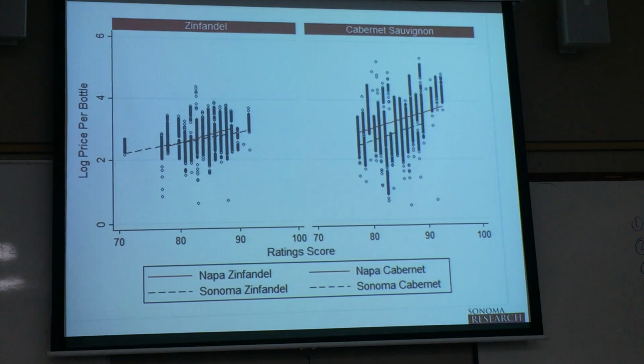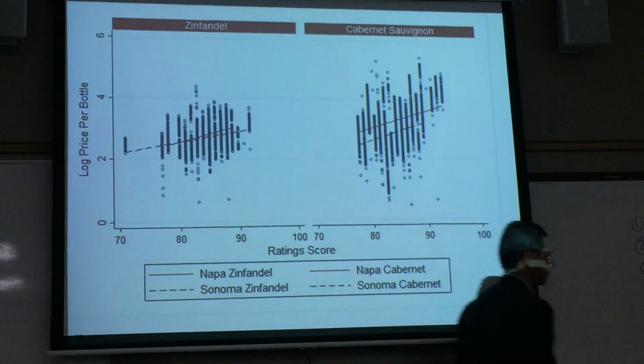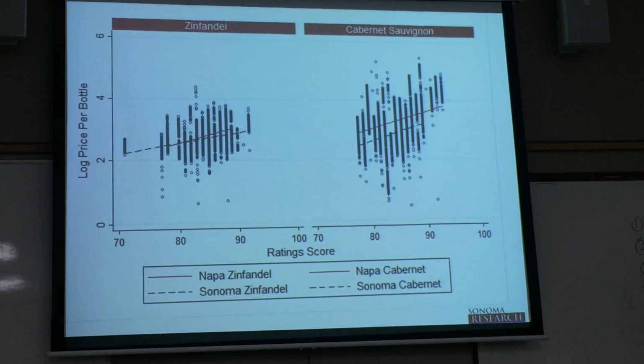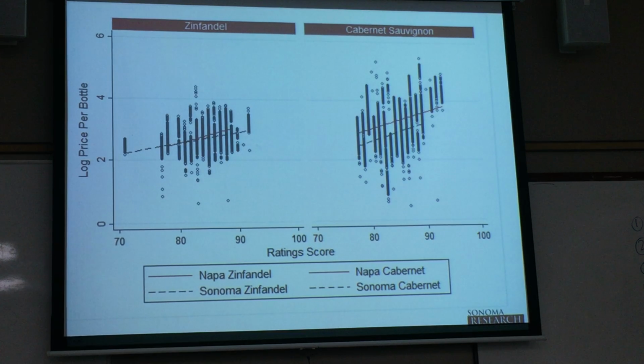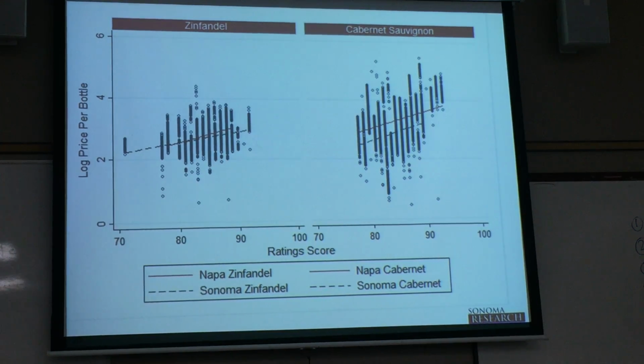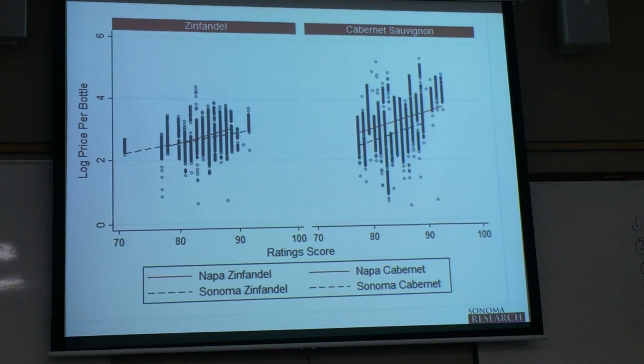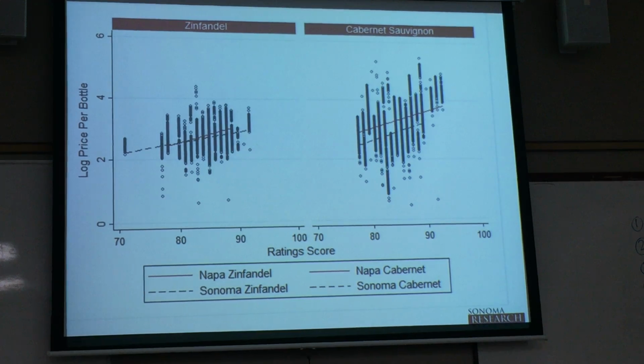So we'll have an equation: log price equals beta 0 plus beta 1 score.